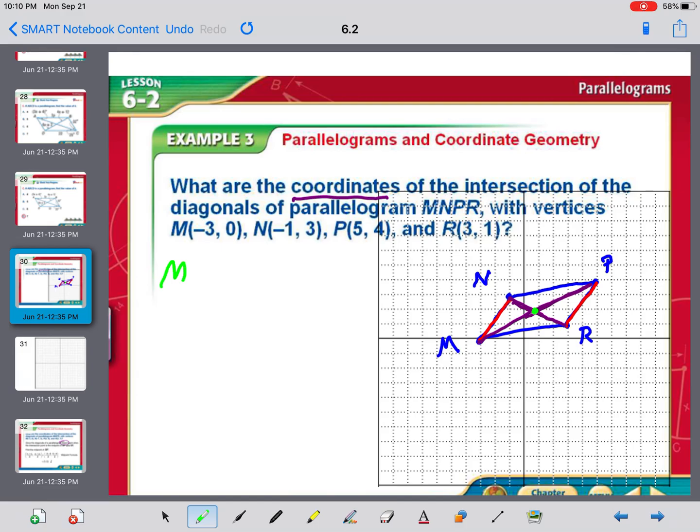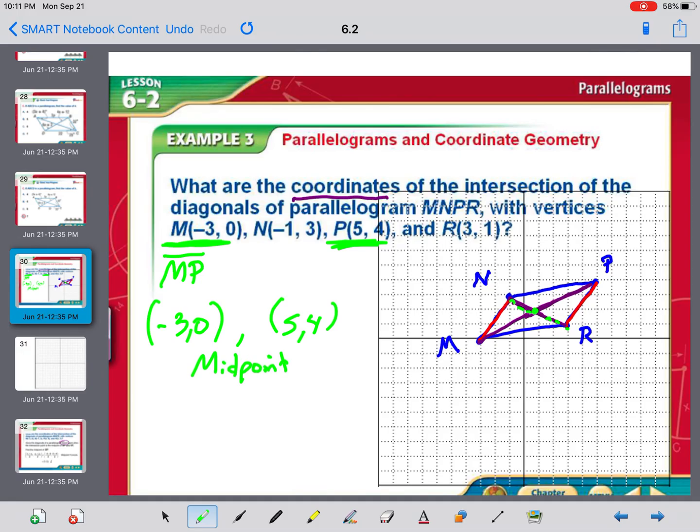Let me talk about segment MP. M is at negative 3, 0, and P is at 5, 4. We know that from up here. So when NR comes across through here, it cuts MP into 2 equal pieces. Where does that happen? At the midpoint.